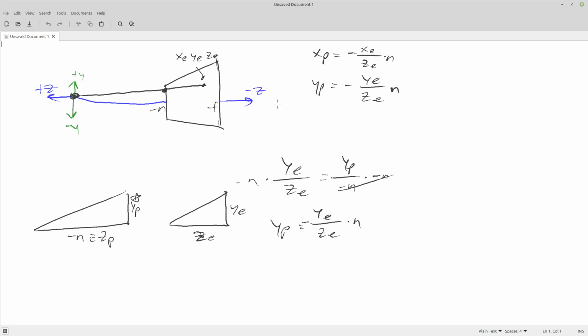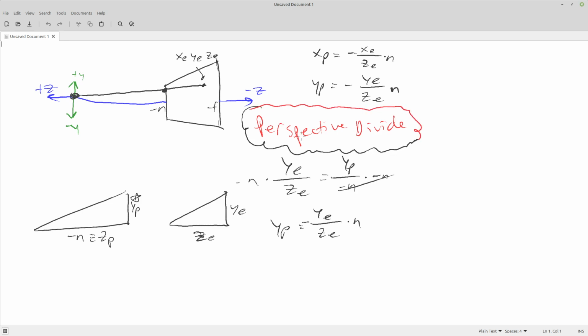And this is where that idea of perspective divide comes in. And I believe this is the way it works in the actual GPU graphics API process: it actually comes after the shaders, because within the shaders you have the model view projection process, which is essentially a model matrix, a view matrix, and a projection matrix all times the given point, and this gives you the final coordinates, I guess.